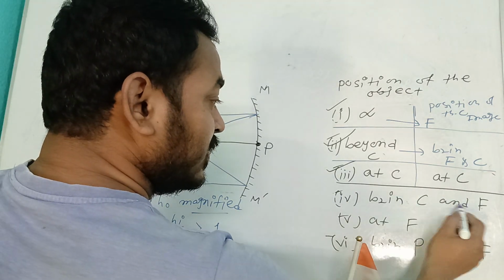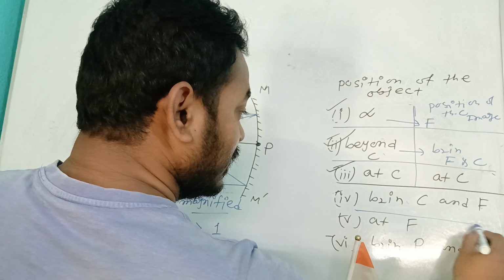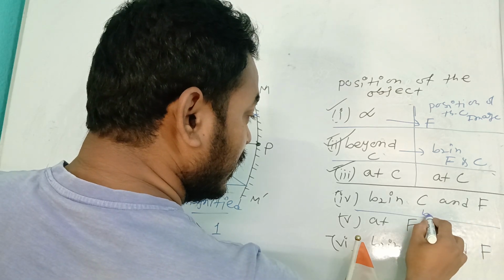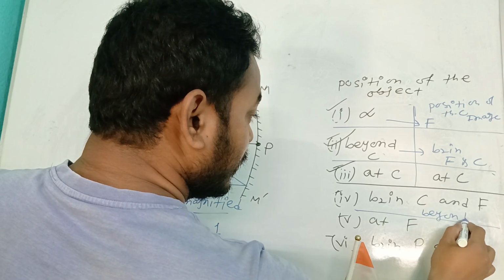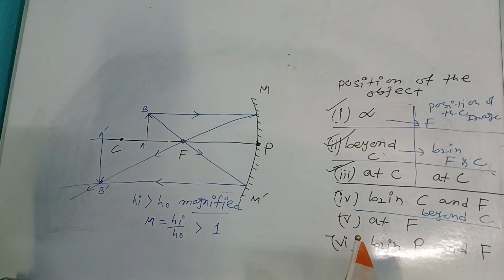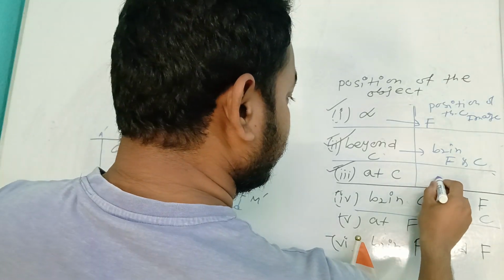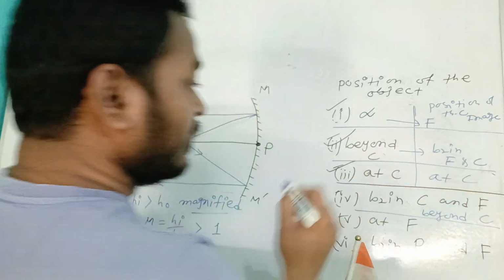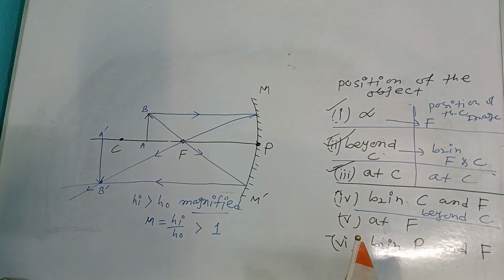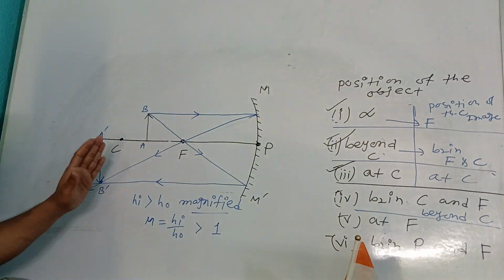When it is between C and F, then the image position is what? Beyond C. Image position is beyond C. Okay, beyond C. So you are getting beyond C.